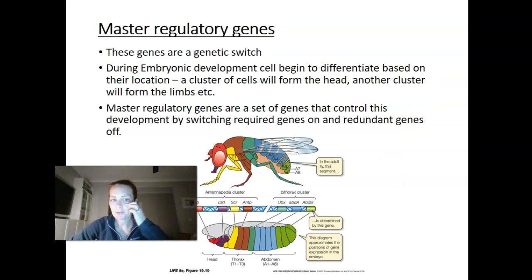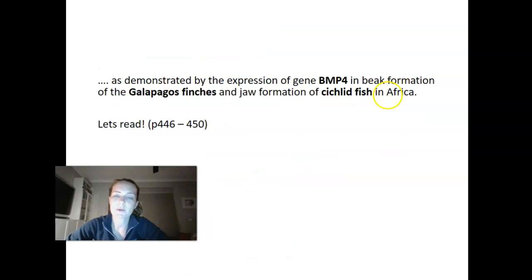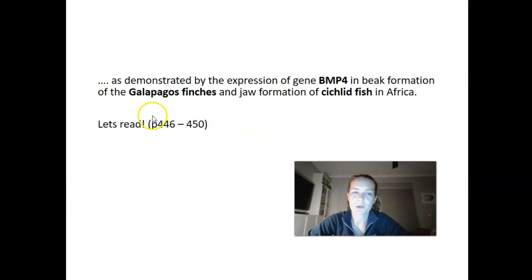So the example of a master regulatory gene that we're asked to know about is this one called BMP4. You definitely need to have a read through the textbook on BMP4 and what information is there, because it's a complicated example and it's a hard one to understand. But BMP4 is a gene that controls the expression of a protein called bone morphogenetic protein 4.